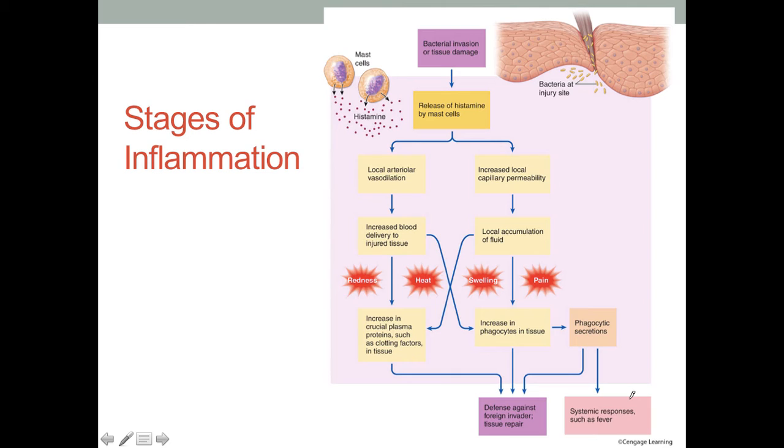This is a summary slide of the stages of inflammation that we just discussed in detail. So, bacteria invades and causes the cell damage. Then we have the different cells reacting. Then these molecules, as part of the response, account for the symptoms we experience at this stage.